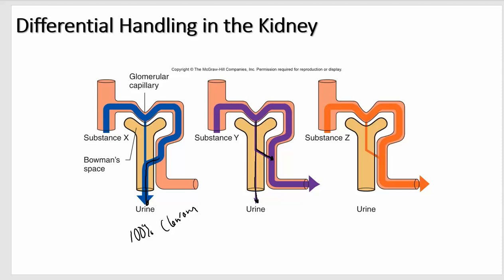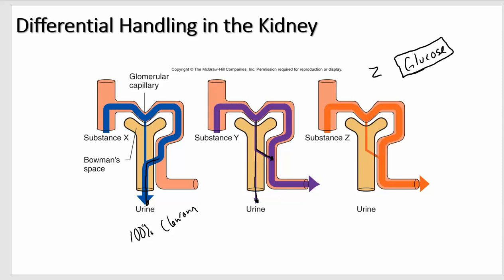And then we have, let's say, substance Z, which we're going to call glucose. Here's the thing about glucose. Any sugar you eat is absorbed in your intestines, all of it, because your body likes sugar, glucose. And any that is already in your body isn't going to leave. Your body keeps glucose because it's useful.